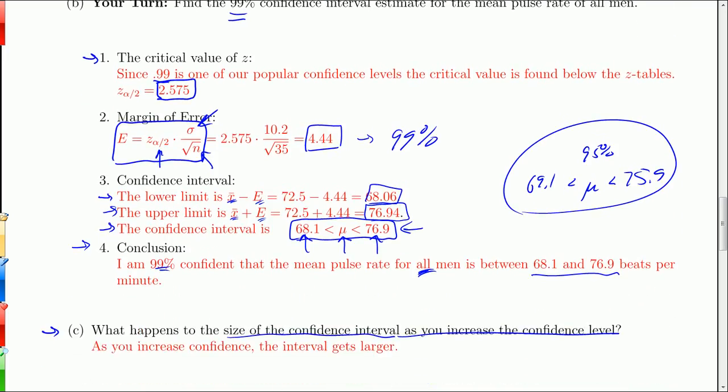So when I was 95% confident, this was my interval. And when I got more confident, my interval, 68.1 to 76.9, got bigger. So as you increase confidence, the interval gets bigger. And that's basically because the margin of error got bigger.